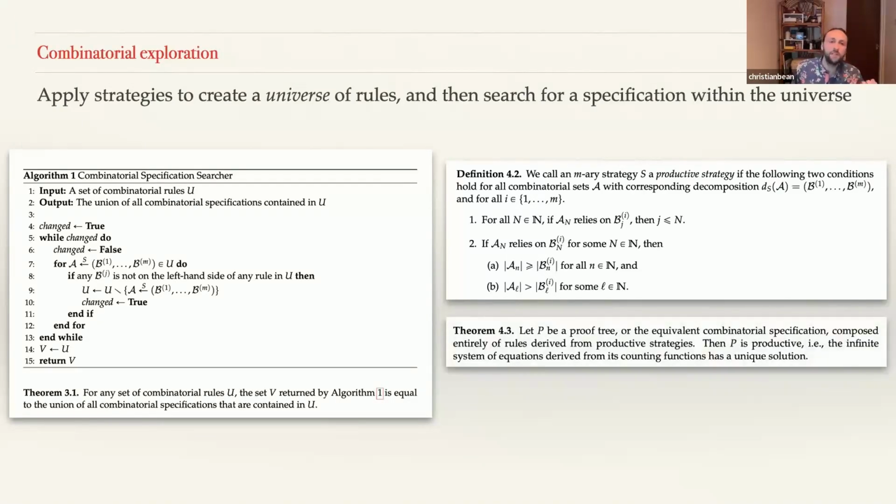Okay, but we have this nice theorem which essentially says if I have a combinatorial specification spat out by our algorithm, which only uses productive strategies, which means that they satisfy these two notationally heavy conditions, we then have a productive combinatorial specification, meaning that it has a unique solution to the generating function equations. Okay, so that's pretty neat.